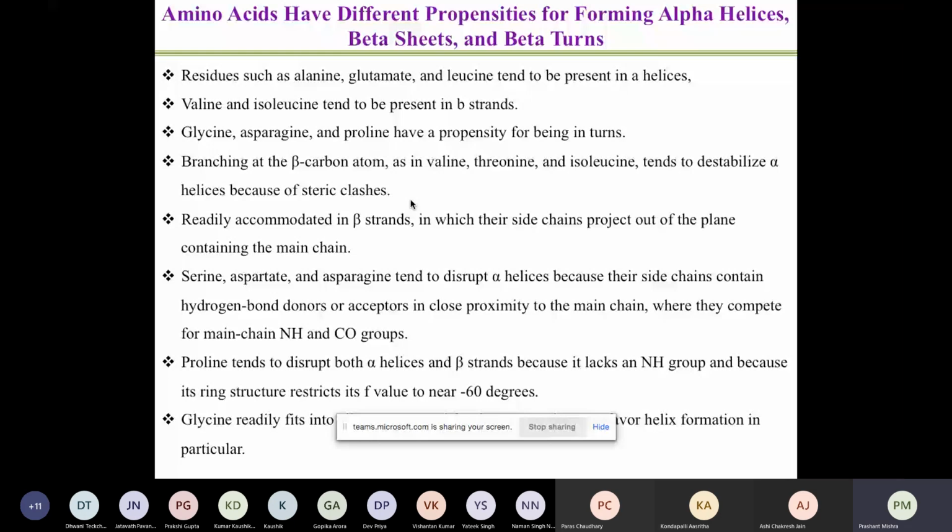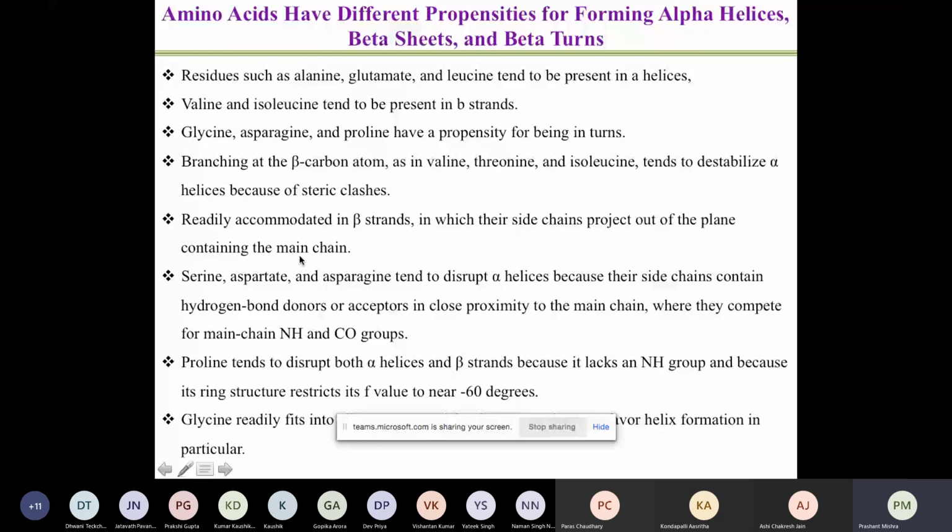Why is it so? Because of the presence of the branched beta carbon in these amino acids, which destabilizes alpha helix because of steric hindrance or steric clashes.